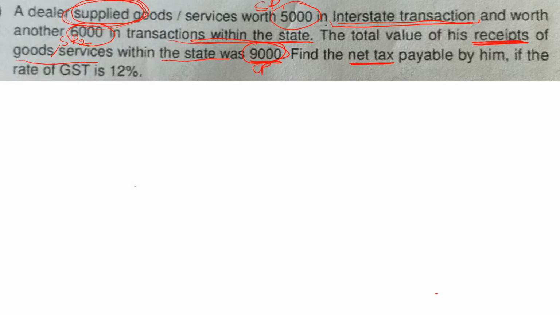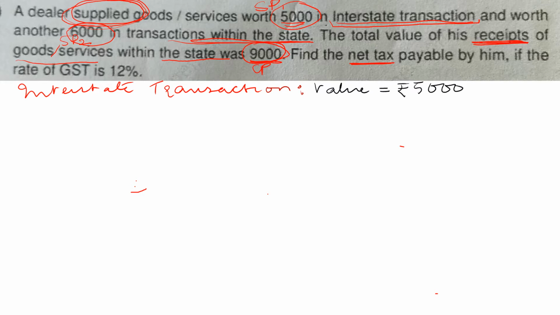So the first one with this 5,000 is going to be interstate. So we will write interstate transaction. And the value for that is rupees 5,000, and we'll call that SP1.